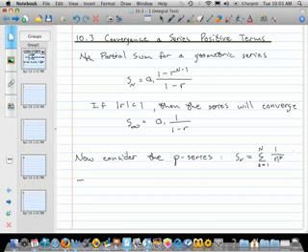We'll just consider a specific one. If p equals 2, then we're looking at this series. Then S sub n, the nth partial sum, is the sum from n equals 1 to big N of 1 over n squared.